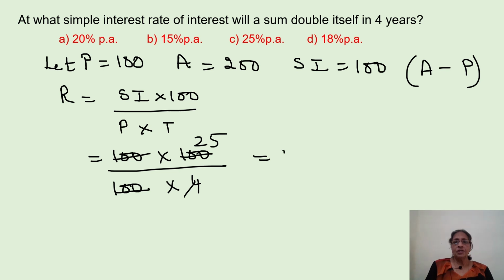So in 25% per annum, this amount will double itself in 4 years. For my convenience, I have taken the principal as 100. Even if you had not taken 100 and let it remain as P, you would have got the same answer.